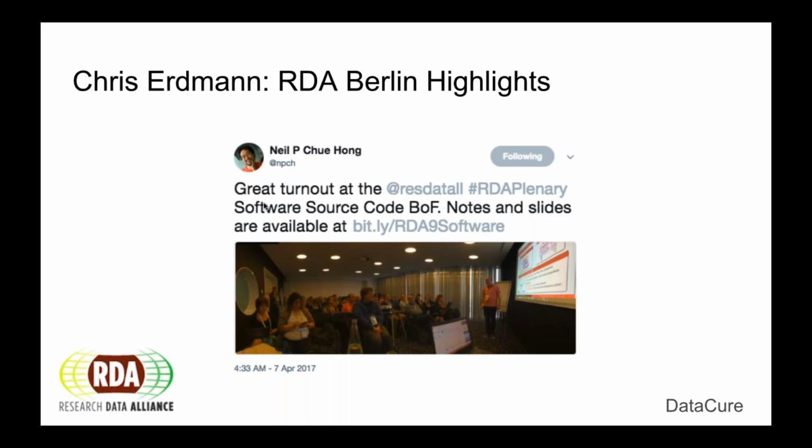And there was a software source code birds of a feather. There's a software group at RDA, and one of the groups that spoke was Software Heritage, and they have an interesting archive of various code repositories from GitHub, and it allows you to look through code and archive code in a granular fashion.